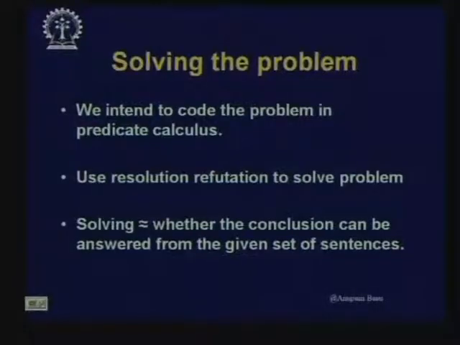So, first things first, we intend to code this problem in first order predicate calculus, and then we will use resolution refutation. This resolution is also known as resolution refutation. Now, why is this word refutation coming in? You can very simply guess.